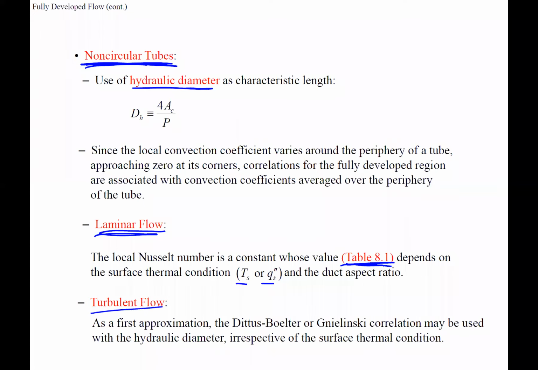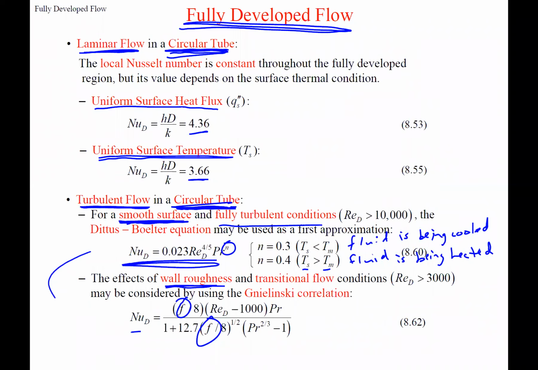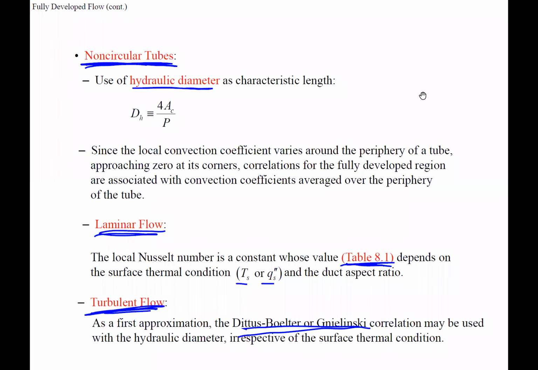For turbulent flow, we can still use the equations we see here, but we're just going to use them with the hydraulic diameter.